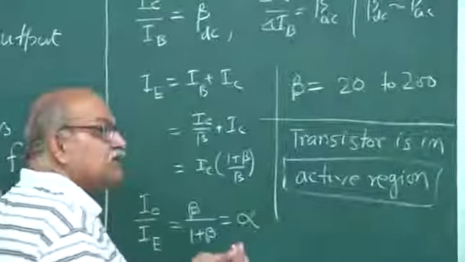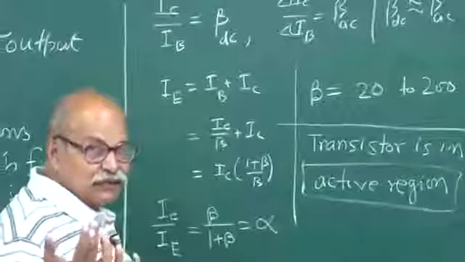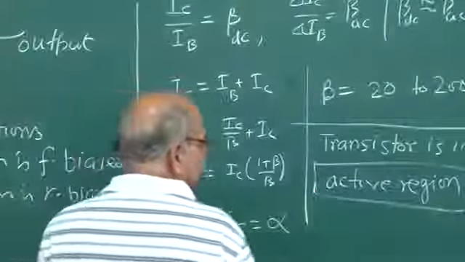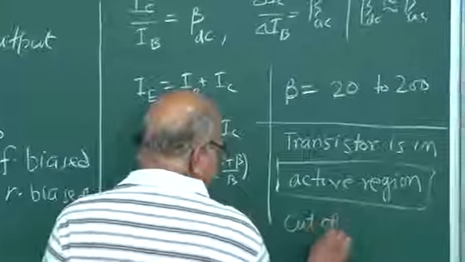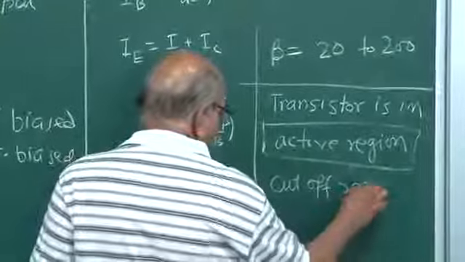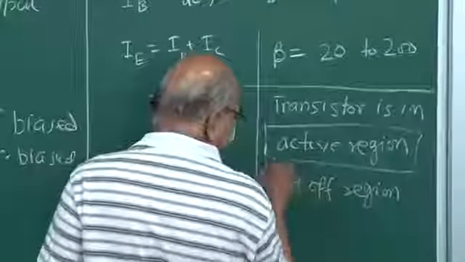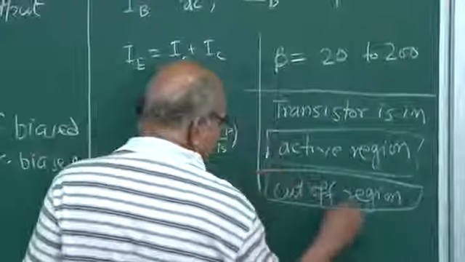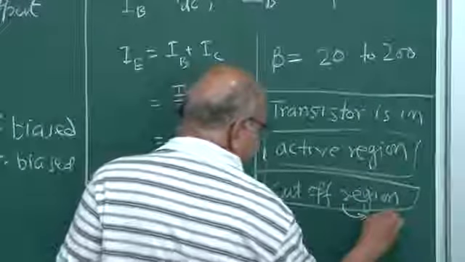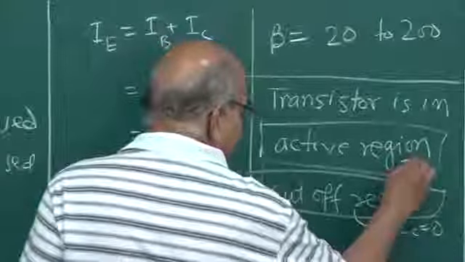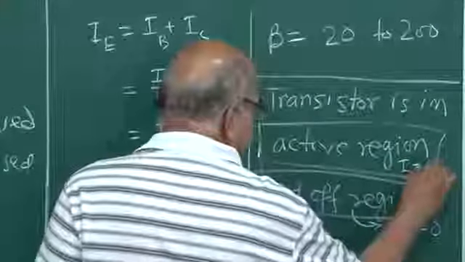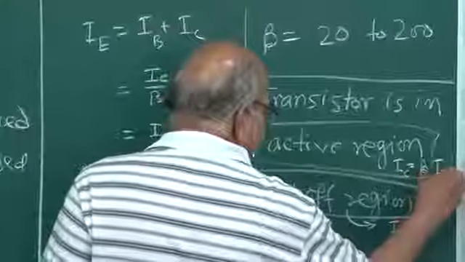It looks very trivial to talk about, but this is used in certain applications. Cutoff region means no current, IC is 0, whereas in active region IC is beta times IB.